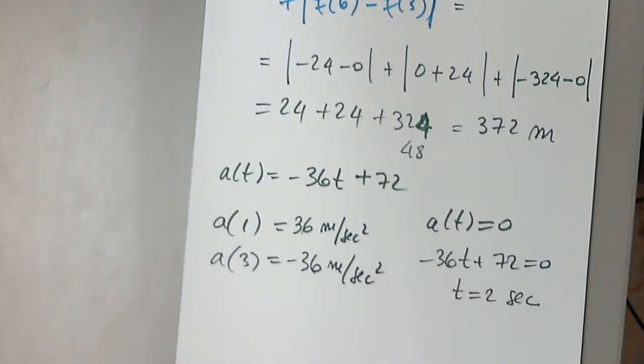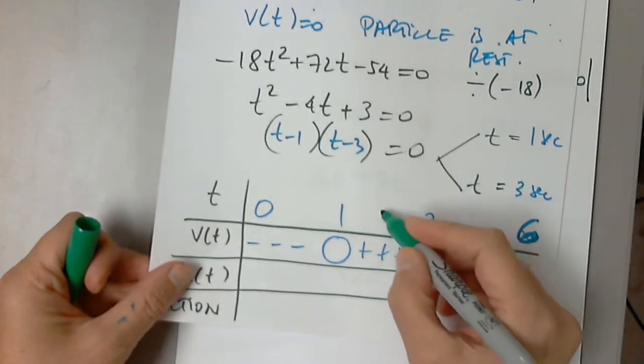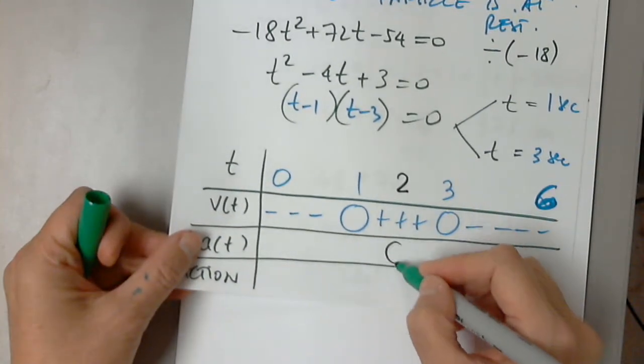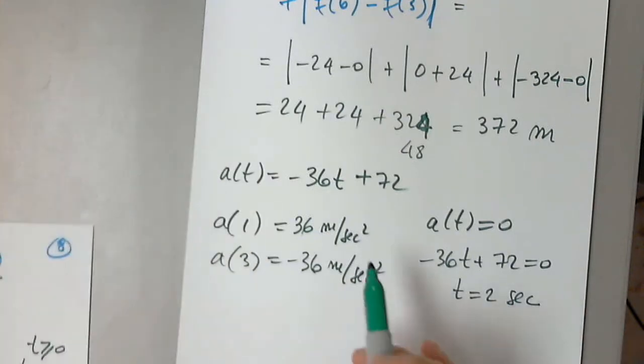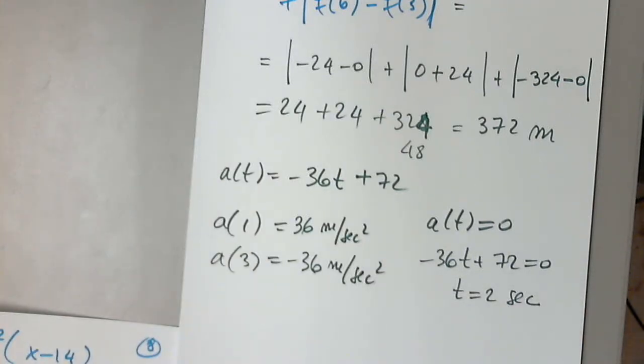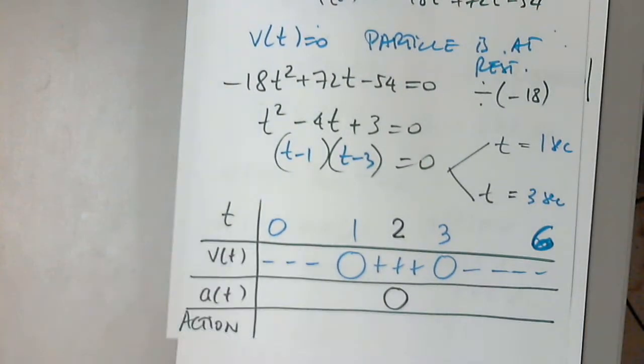So then, when t is 2, the acceleration is 0. What is the sign of the acceleration before it's 0? Positive, yes, because it's a linear function with a negative slope. Very good, awesome. That's all you need to do, or just plug in 0, it doesn't matter, really.